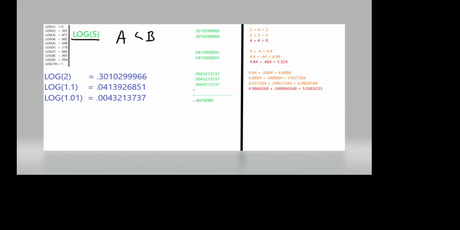I could take the answer from this guy and shift it over, and then I just add it to this guy. And now we get to our section where it's going to switch the values again, because now it's saying that B is greater than the 5 in our case, because it's 5.324 and our target number is 5.